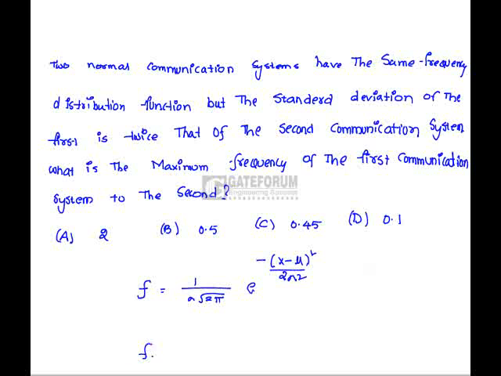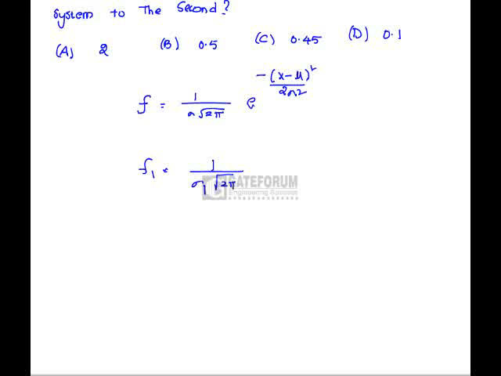So f1 for the first communication system is 1 by (sigma 1 root 2 pi) e power minus (x minus mu by 2 sigma) whole square. It attains maximum frequency whenever x equals mu, that is 1 by root 2 pi into sigma 1.